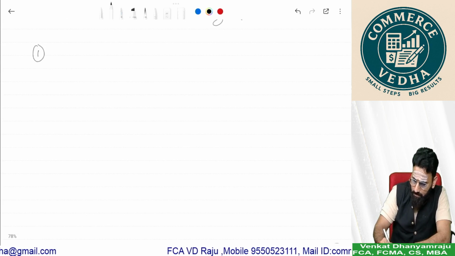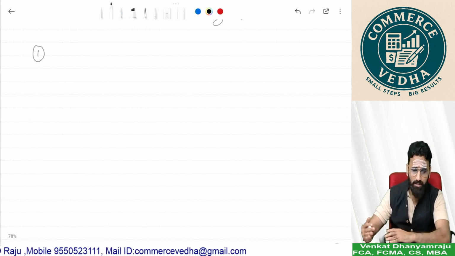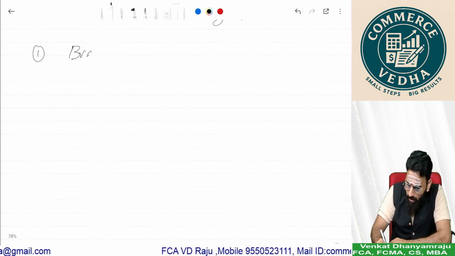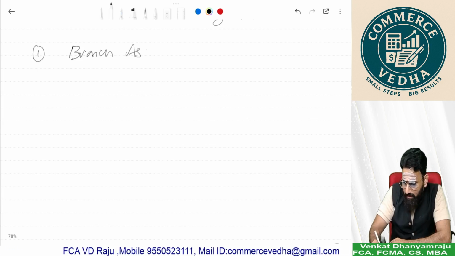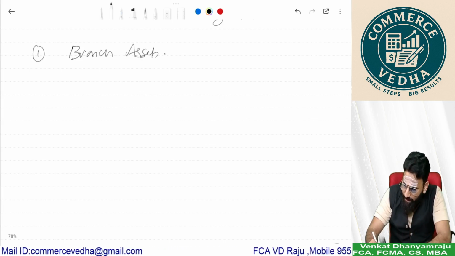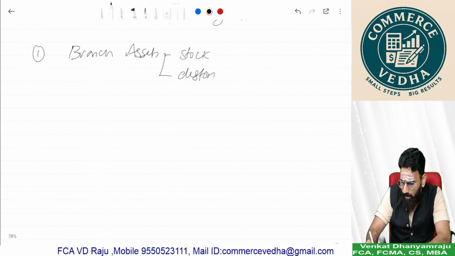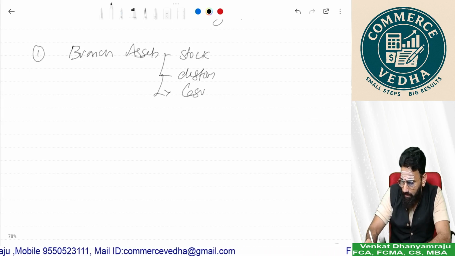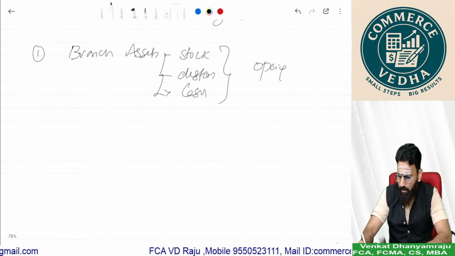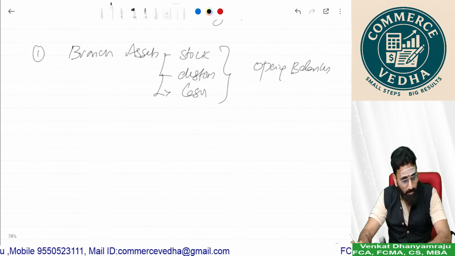First, assume it's a new branch or a branch already existing. If it is an existing branch, there will be branch assets. Assets here do not mean fixed assets, but assets like stock, debtors and cash. There will be assets with opening balances, opening balances of an existing branch, or nothing.